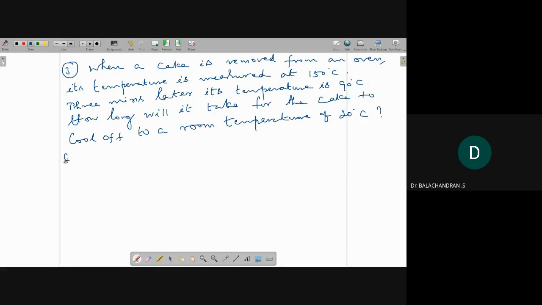Okay, so what is given in the question first? So what is Ts? Can you tell?